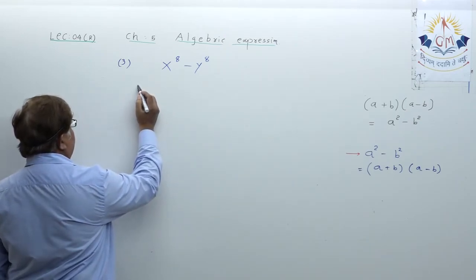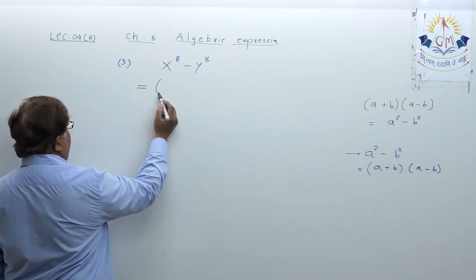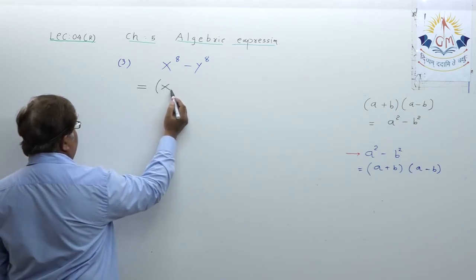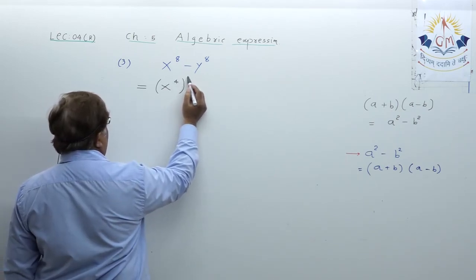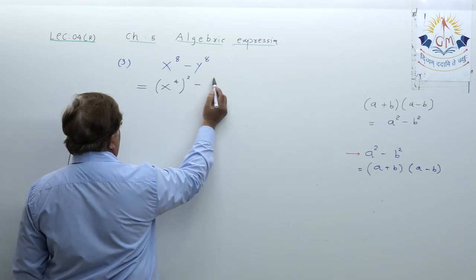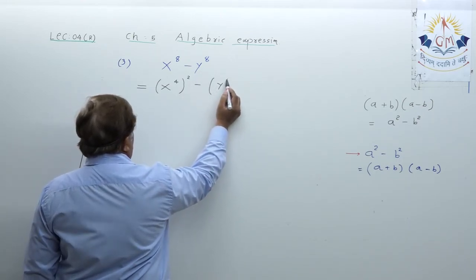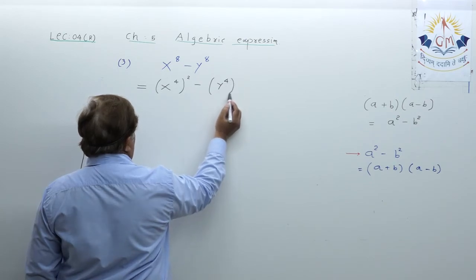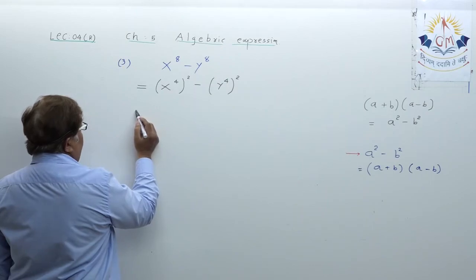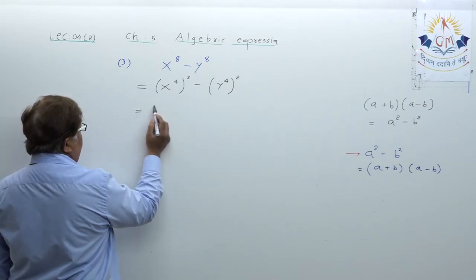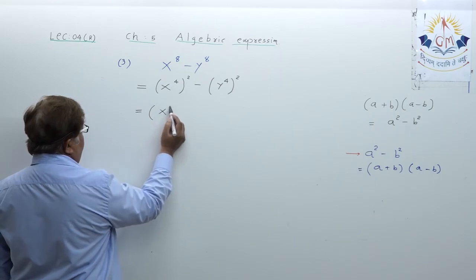First step, take the square root of this: x raised to 4 whole square minus y raised to 4 whole square. Take 1 time plus, 1 time minus.